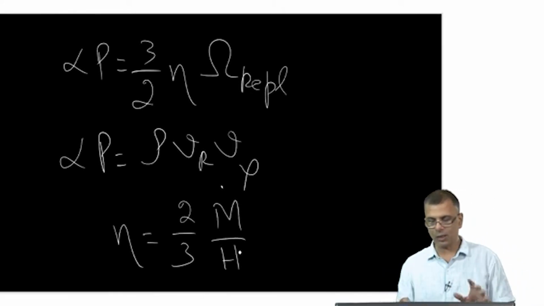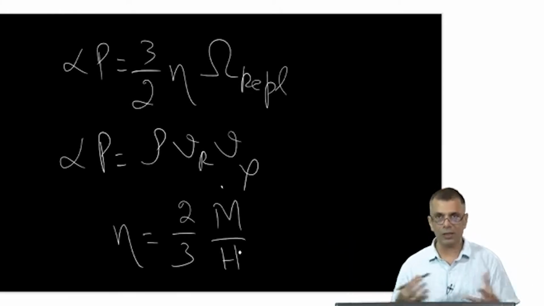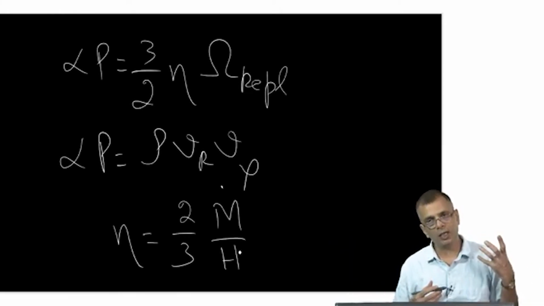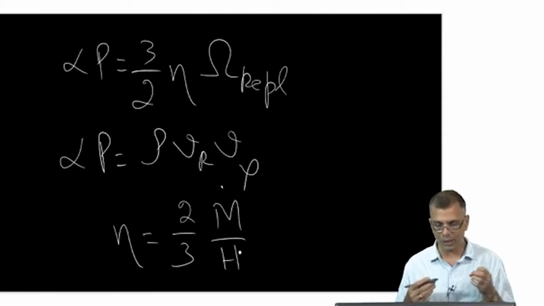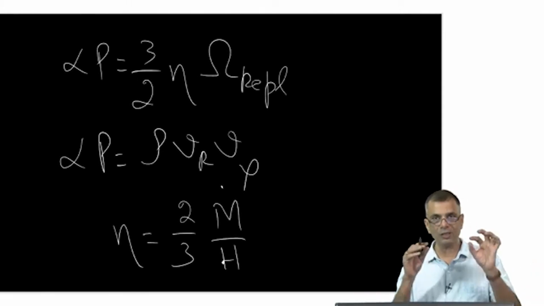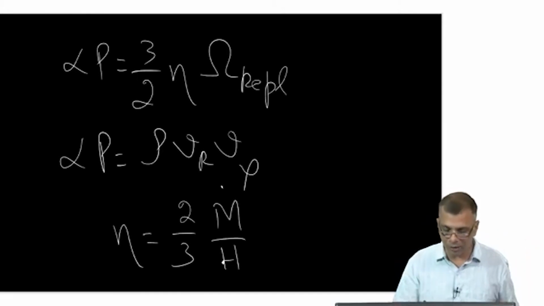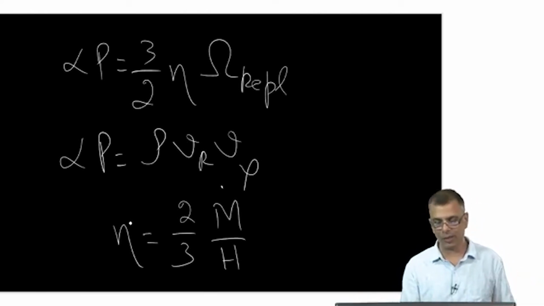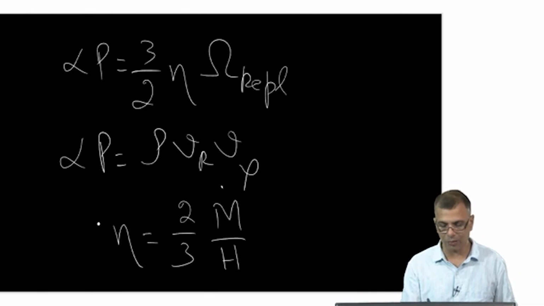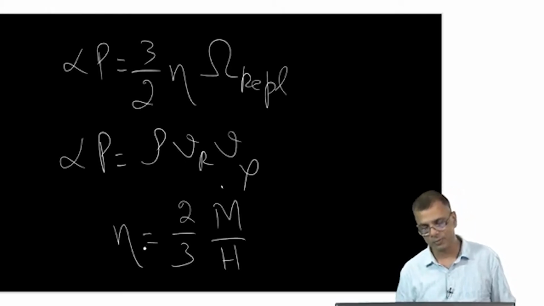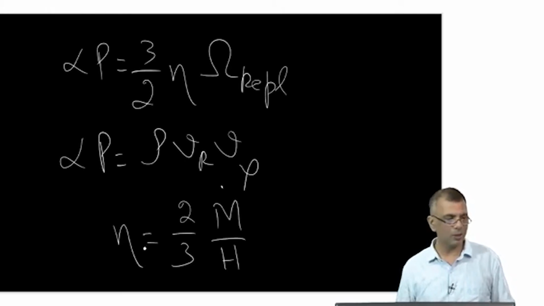This is because you see the m dot is a global thing. It's essentially the amount of grams per second that the central object is able to swallow, and h is the thickness of the accretion disk. These are all global things, and this is being related to the microphysical properties of the accreting matter, which is embodied by eta.